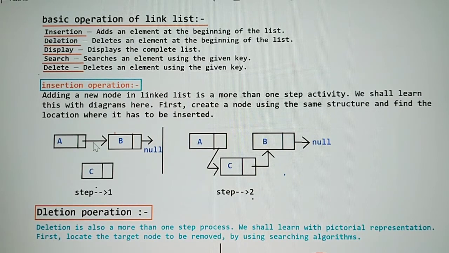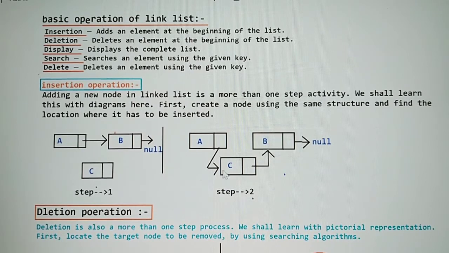So what will we do? In the second picture, it has just two steps. You can see that in step 2 you want to point the A node to the place where I want to insert the C element, in the middle of A and B. So what will we do?